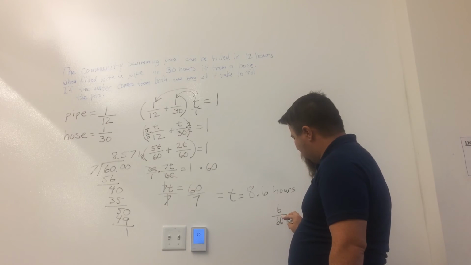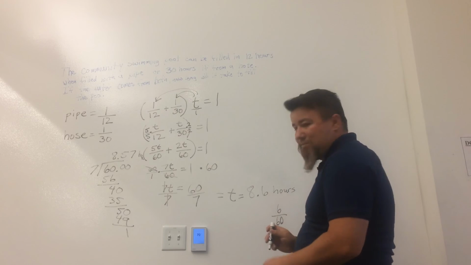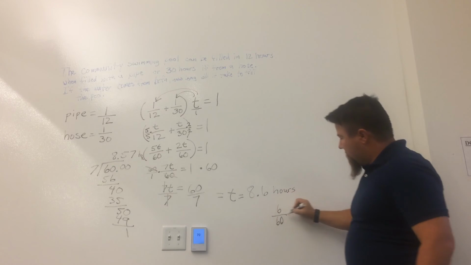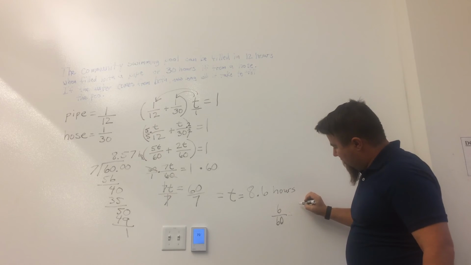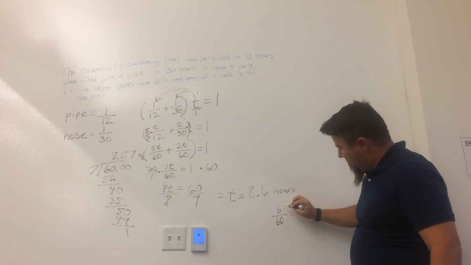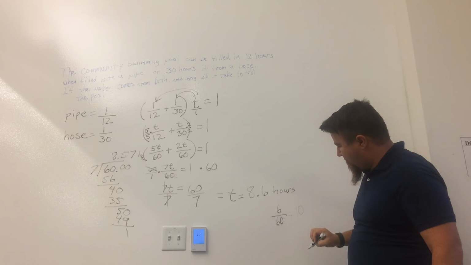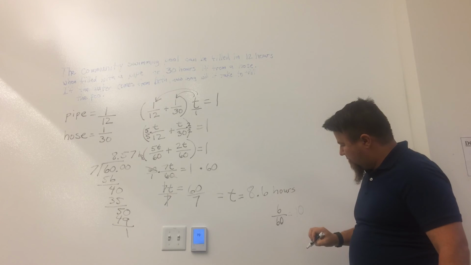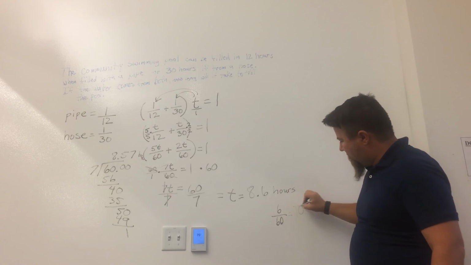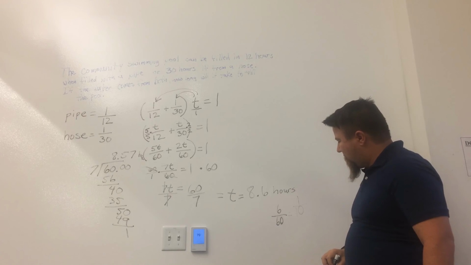So, okay, yeah, 6 over 60, and then that equals 1/10, right?